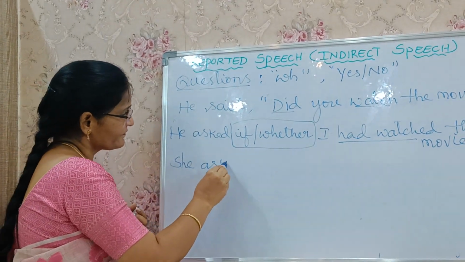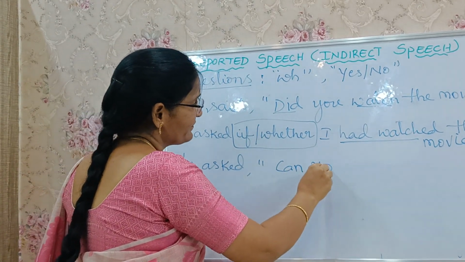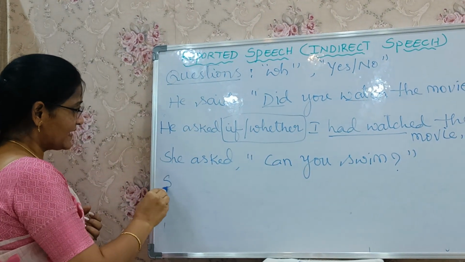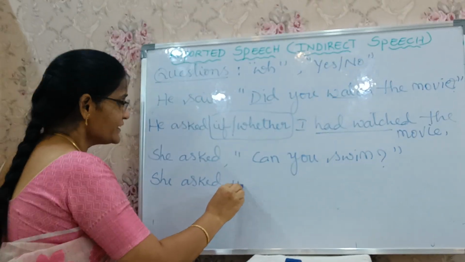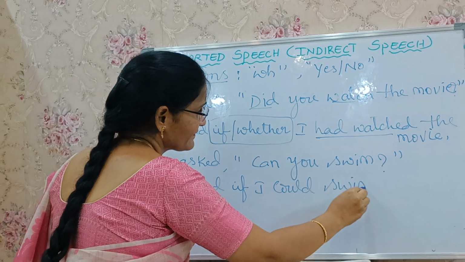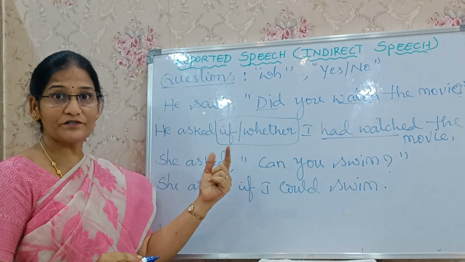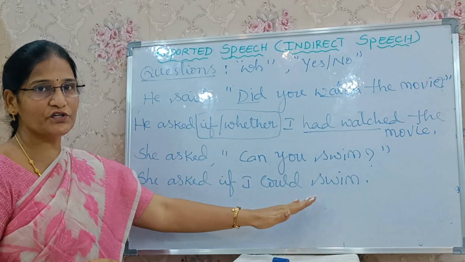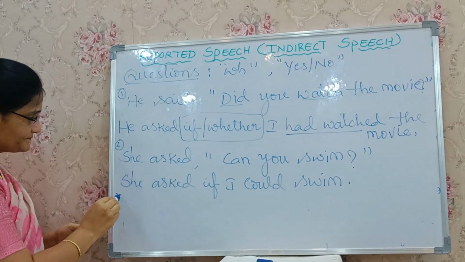She asked, can you swim? The answer for this you can write as she asked if or whether, again: she asked if I could swim. See, can you, I could. All the rules to change the tense apply here, and the word order also you need to change when you change from the question to the statement.